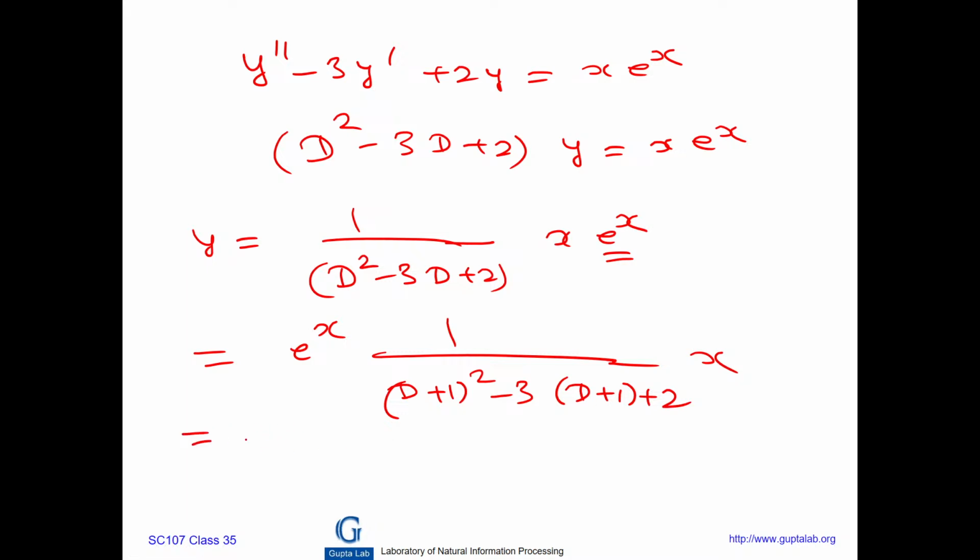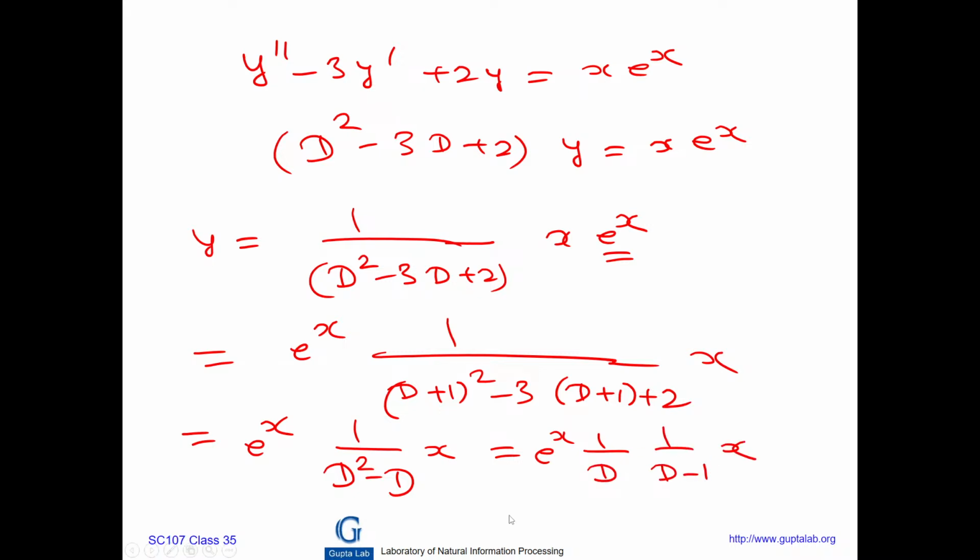Okay, so the overall expression simplifies to e raised power x times 1 over D square minus D, acting on x, and then one by one you can operate on x, and actually you are going to get minus e raised power x times half of x square plus x plus 1.